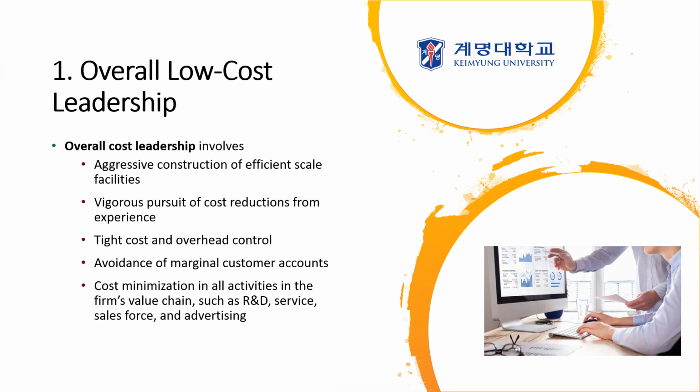For example, for the firm infrastructure, they have few management layers to reduce overhead costs, and they standardize accounting practices to minimize personnel required. For human resource management, they minimize costs associated with employee turnover through effective policies, and they provide effective orientation and training programs to maximize employee productivity.